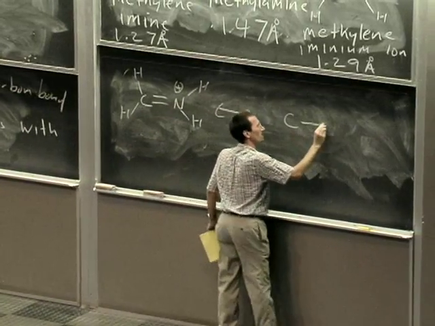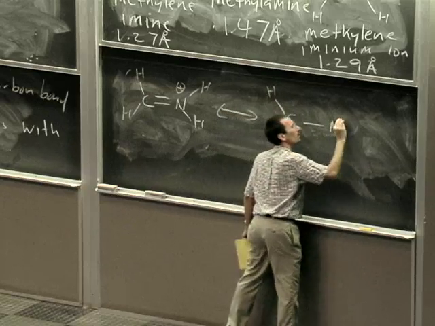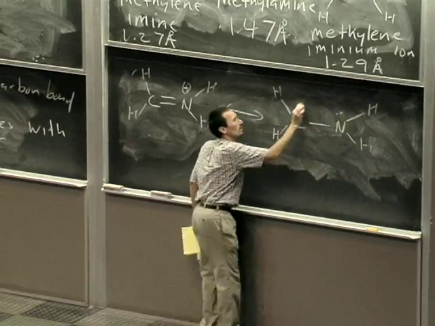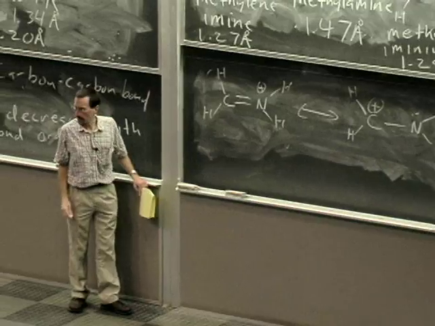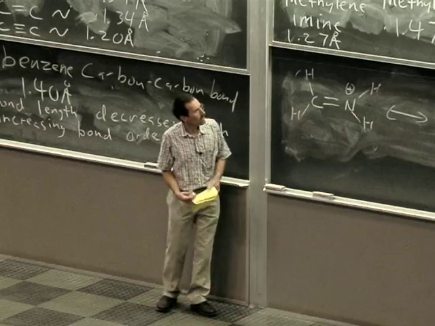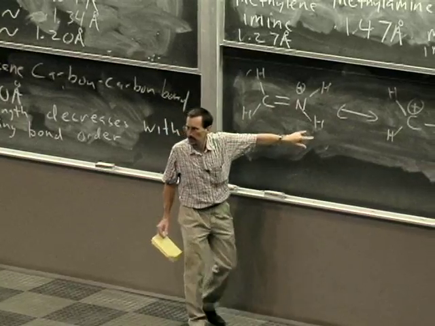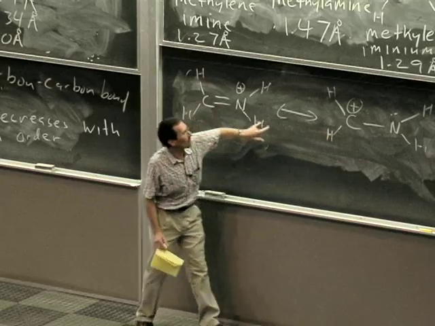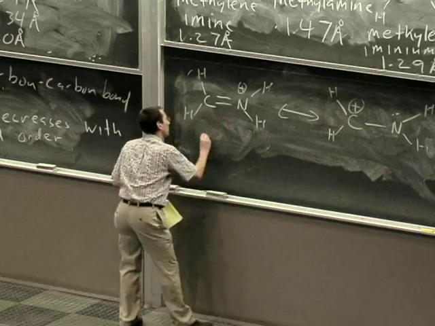The second resonance structure with a positive charge on carbon and an incomplete octet. This resonance structure, you'd expect to have double bond character. This one, you'd expect to have single bond character. And we're a lot closer to a double bond than to a single bond in length.